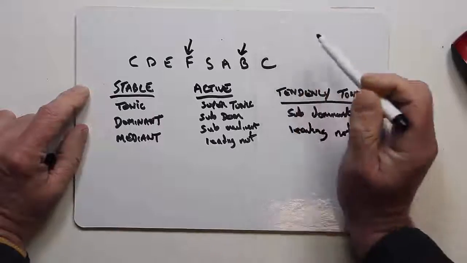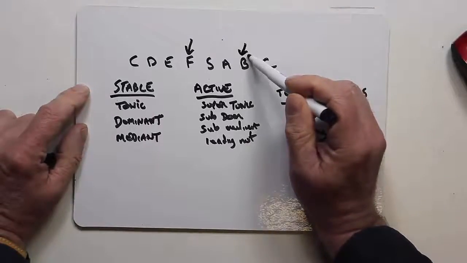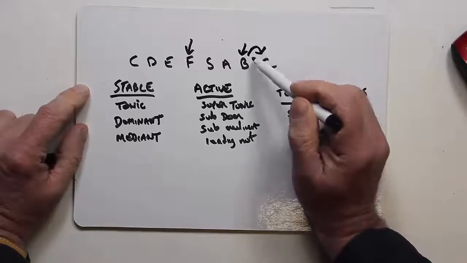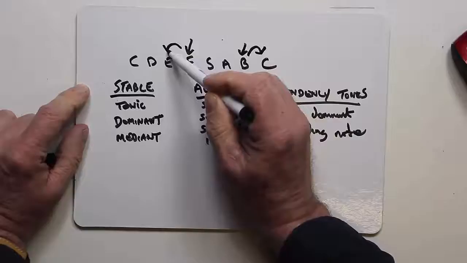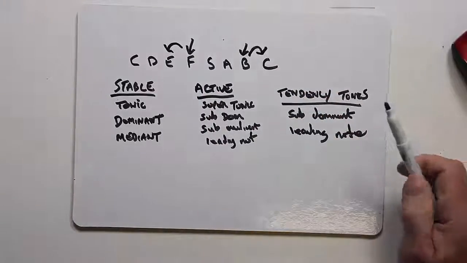Because this note tends to want to go to that C because there's only half a tone there, and that F wants to go to that E. It wants to resolve to that E. So you want to remember that.